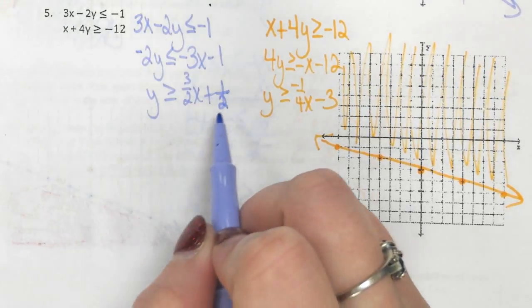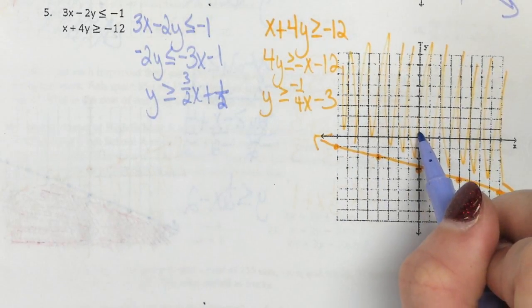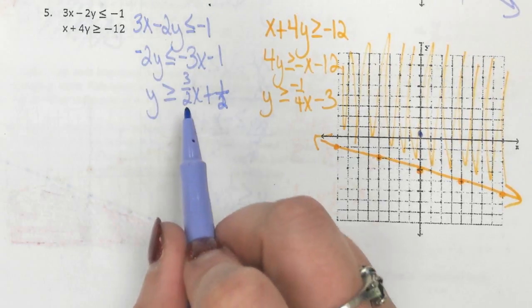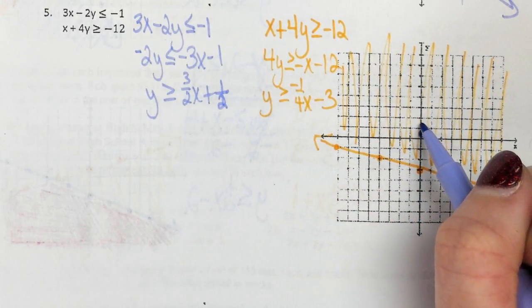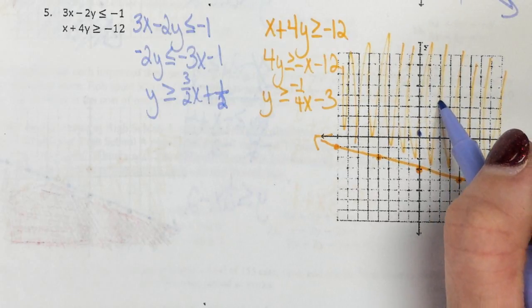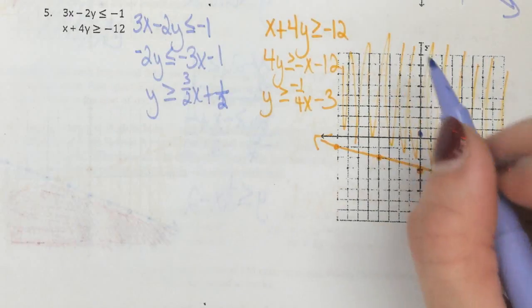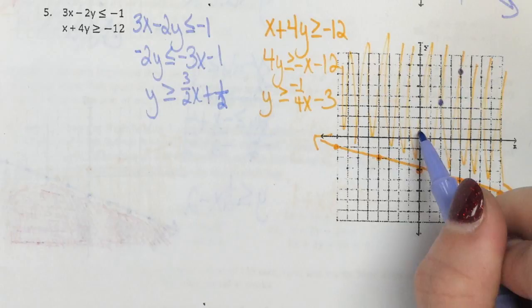Okay, what about this guy? Where's my y-intercept here? At a half. A half is between 0 and 1, right? Now, you got to be careful, because when you go up 3, you have to be between those lines each time. And then right 2 is also between those lines. So every point is going to be in the halves. And then we've got to go the other way, but the same thing.